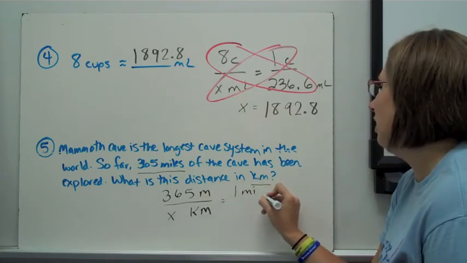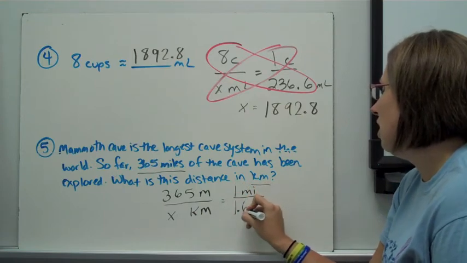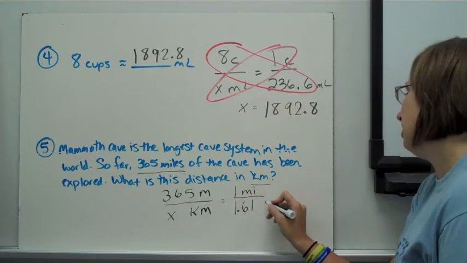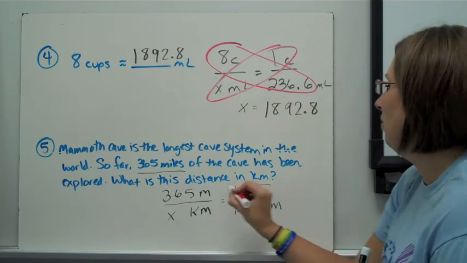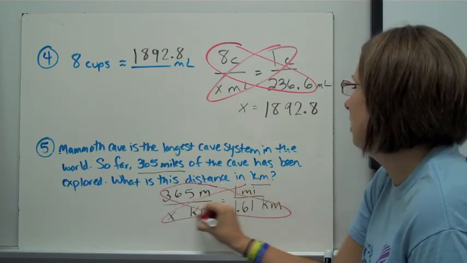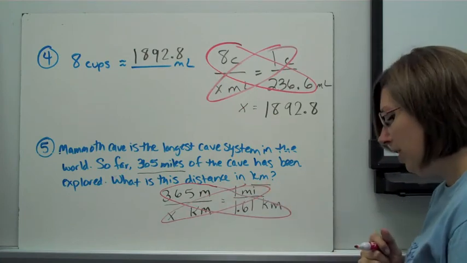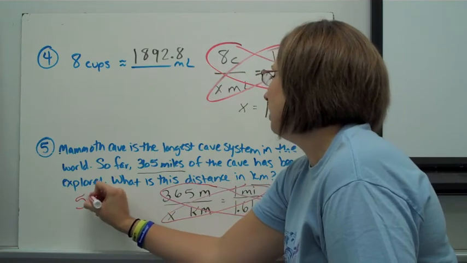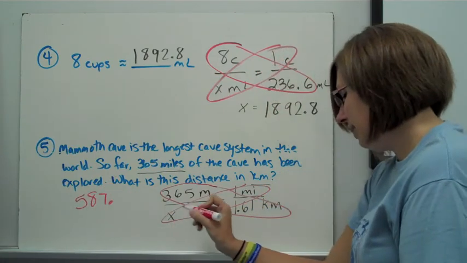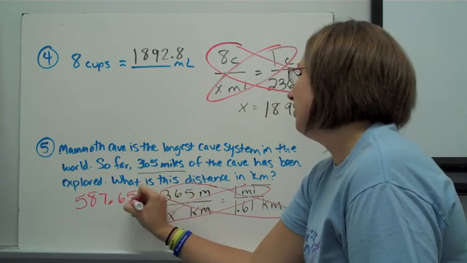I know 1 mile is roughly equal to 1.61 kilometers. Once we've got this set up, we're going to cross multiply, and you'll figure out pretty quickly that my answer is 587.65 kilometers.